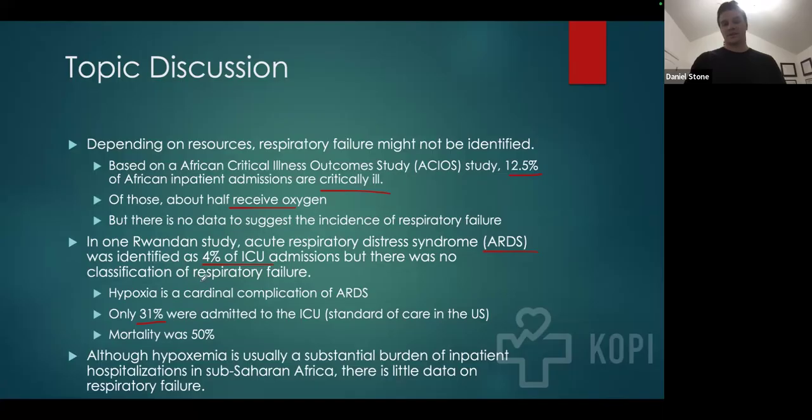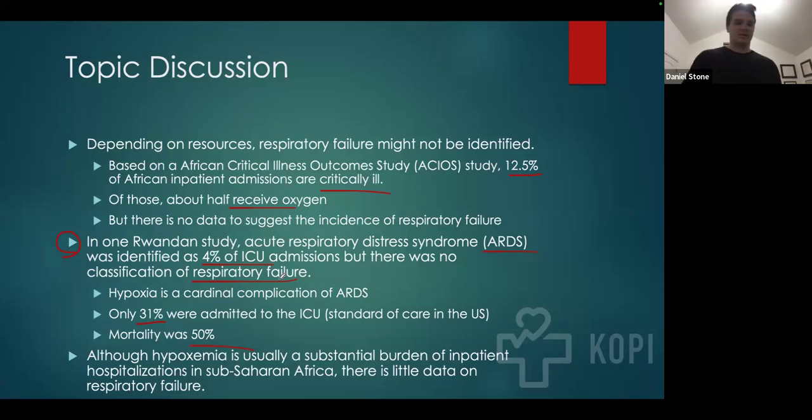The identification of the type of respiratory failure was not present in this Rwandan study, which is a very important point, because it implies that of the patients who present with pulmonary distress and end organ damage, the end organ damage wasn't completely evaluated, and the classification wasn't appropriately managed. And in that Rwandan study, 50% of the ARDS patients died. So pretty high mortality. We're talking about a pretty sick cohort when we talk about patients with respiratory failure.